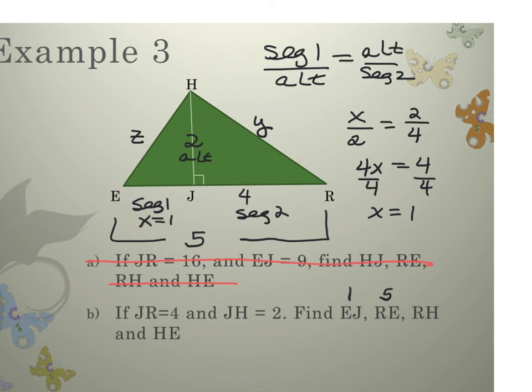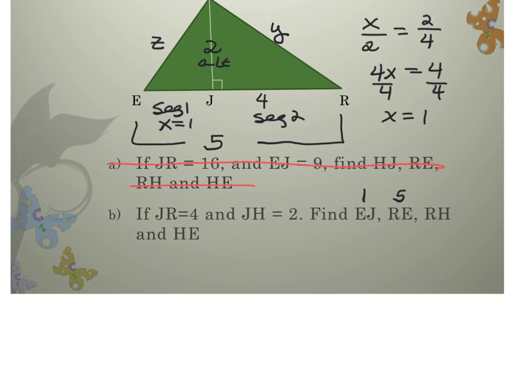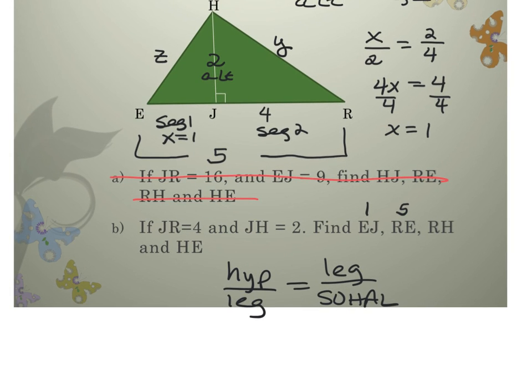Now that I have segment 1, segment 2, now I can do the 2 proportions for the 2 legs. So the proportions I'm going to use now are going to be hypotenuse over leg, leg over the SOHAL. So for Z, its SOHAL is going to be 1. For Y, its SOHAL is 4, because it's the segment of the hypotenuse that's next to or adjacent to that leg.